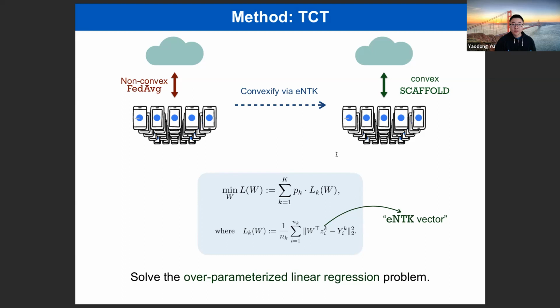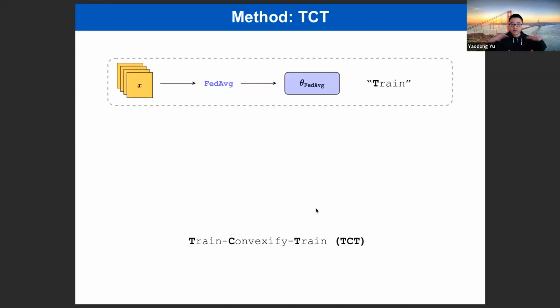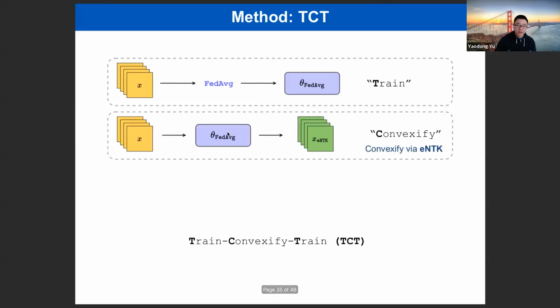Thanks for the question. Here is the pipeline for computing this TZT procedure. You can interpret the first line as using federated averaging to learn a federated averaging model, theta. By leveraging this theta, each client can compute their own neural tangent kernel representations locally, because they have the parameters theta to compute the ENTK features.